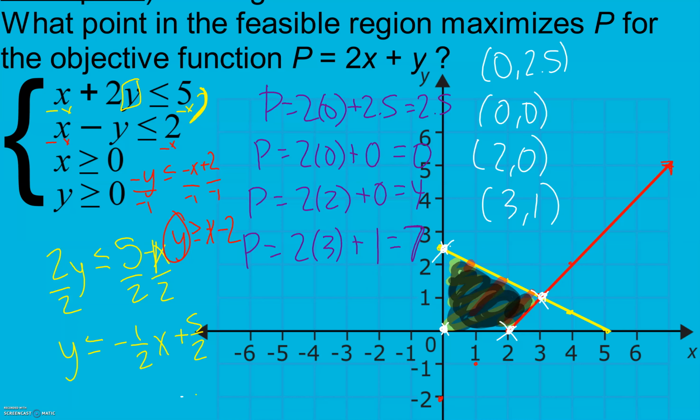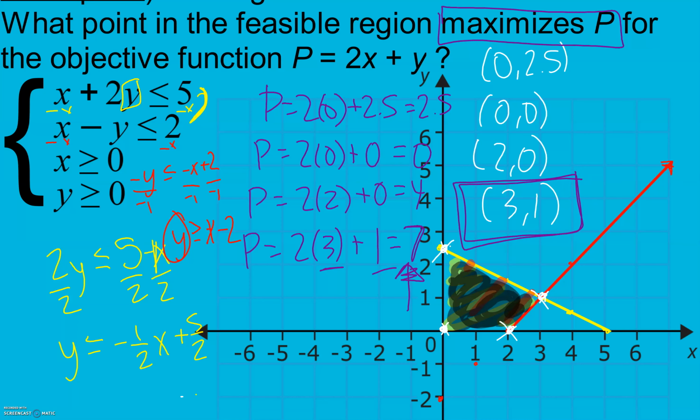And we want to know what point maximizes p, which means gives us the biggest value. And that happens here. So my point is (3, 1). So x is 3, y is 1 is going to be the point that maximizes profit for this function.